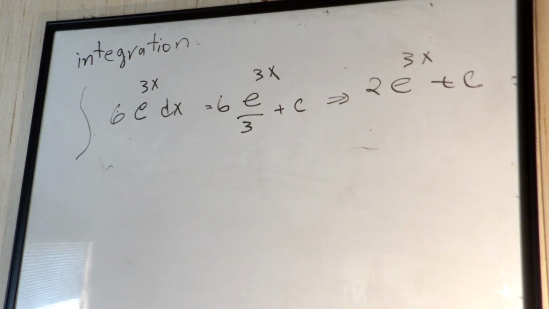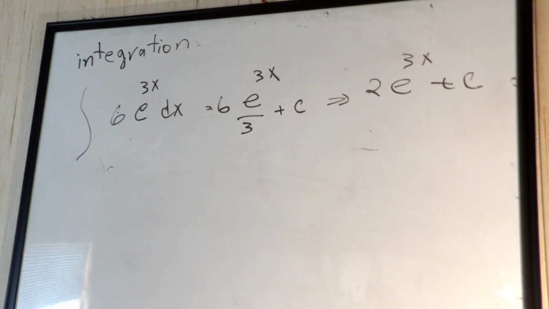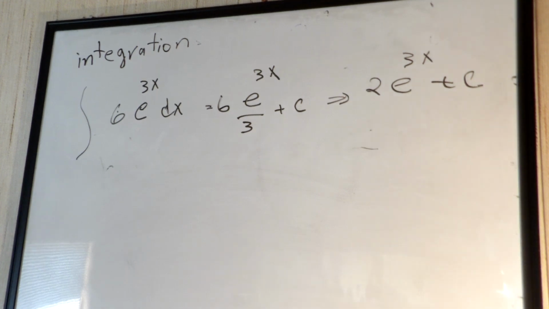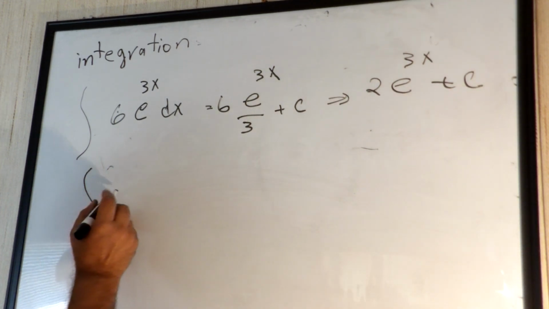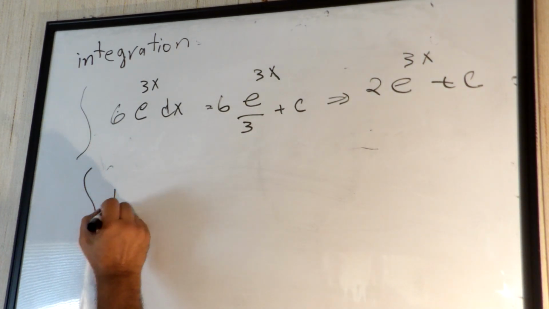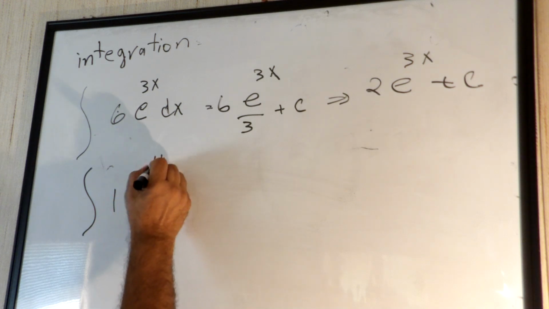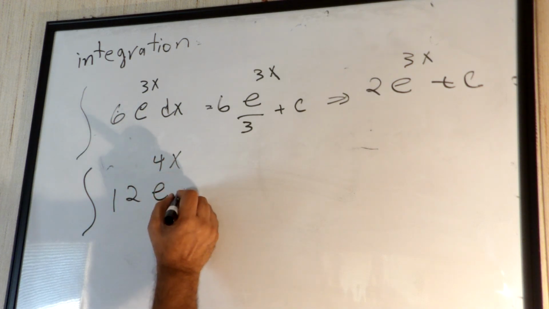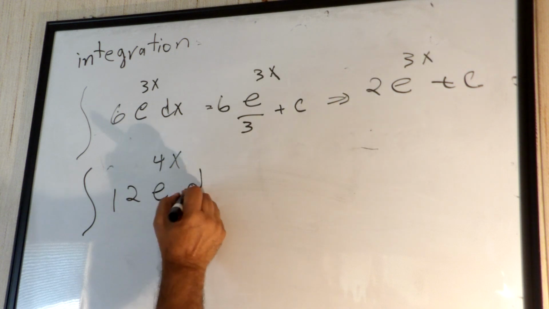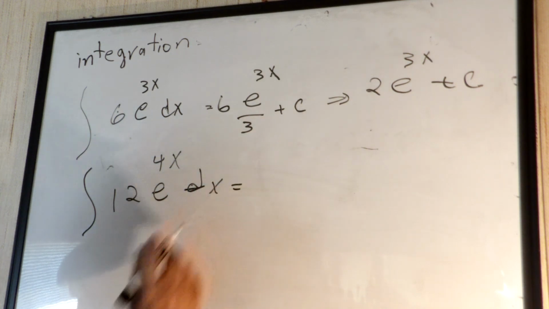I think we have time to solve one more. Whatever it is, 12e to the power of 4x dx, what's going to be the result?